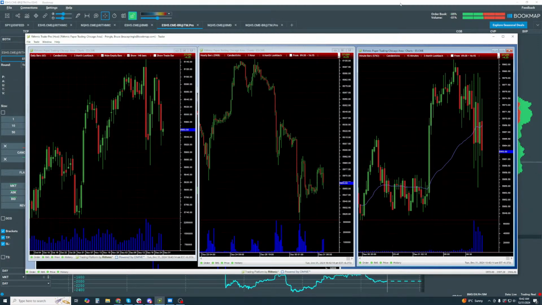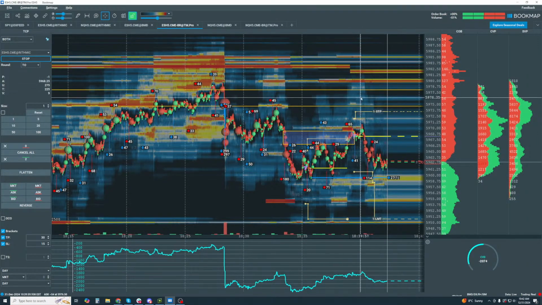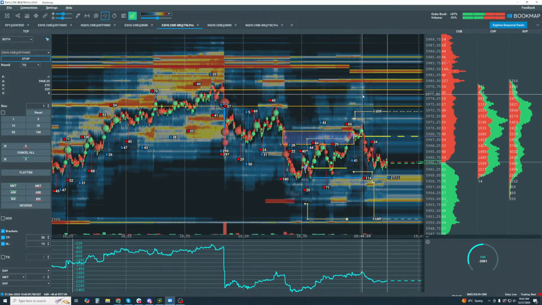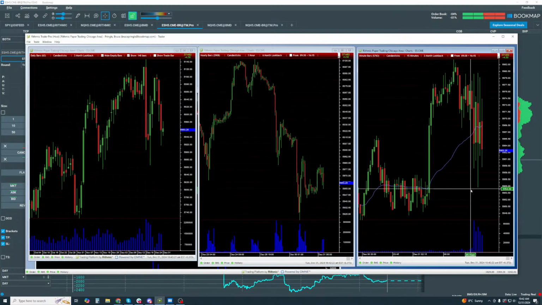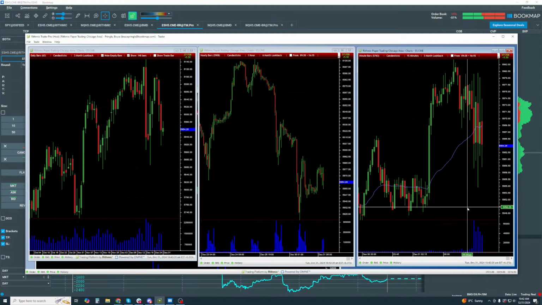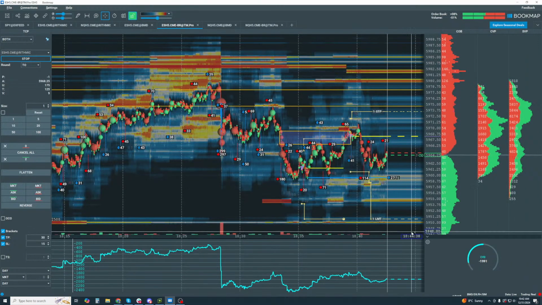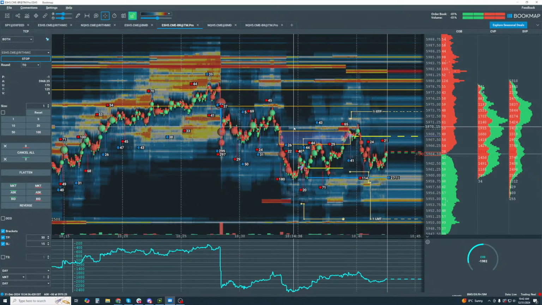Now we're just going to look for sellers to come in, start pushing the market down into the areas. And then where do we want to target? Well, how about the swing here? Where's our 50? We'll keep an eye on it. Let's keep it down at 50. It's in front of that liquidity for now.